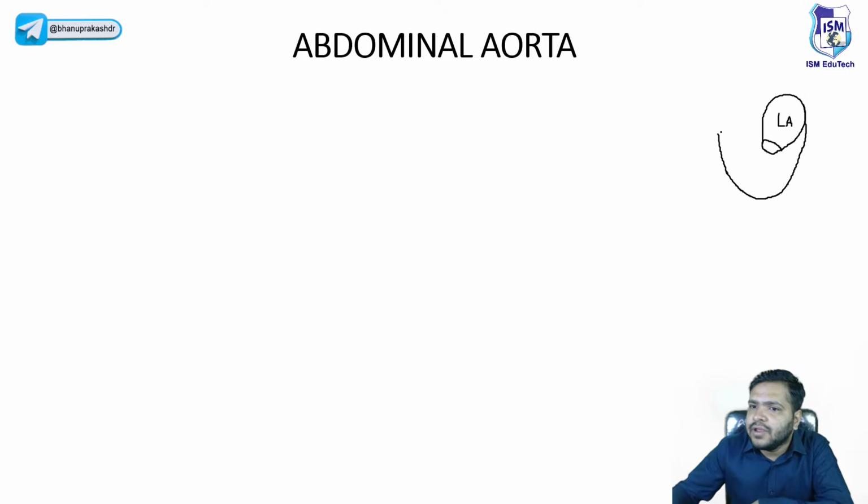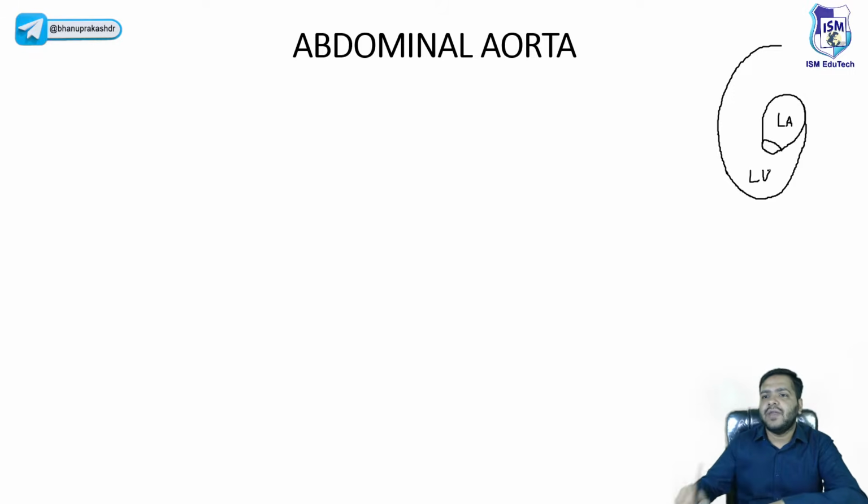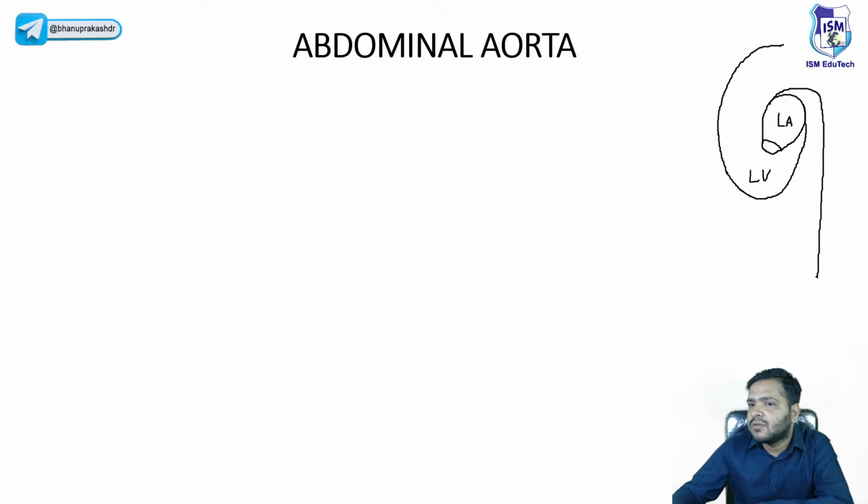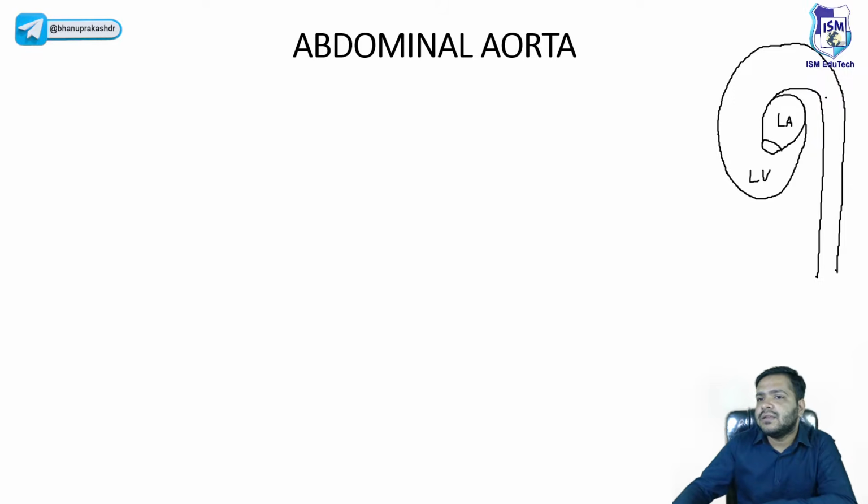From the left atrium we have one valve, the bicuspid valve or the mitral valve, and then we have the left ventricle. From the left ventricle there is the origin of the aorta.